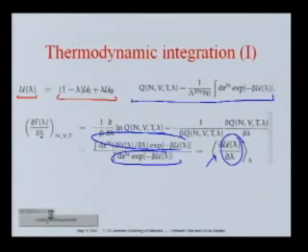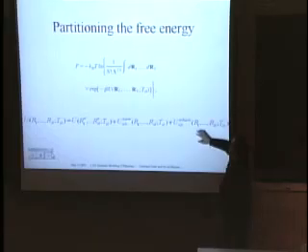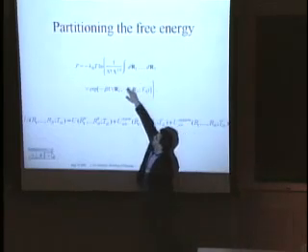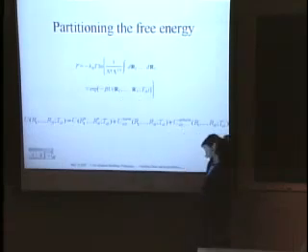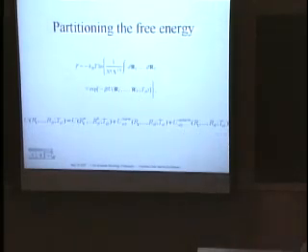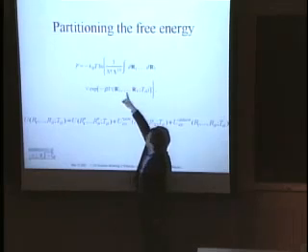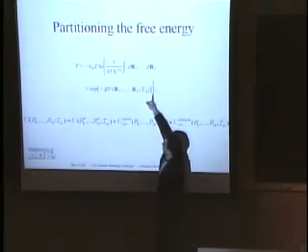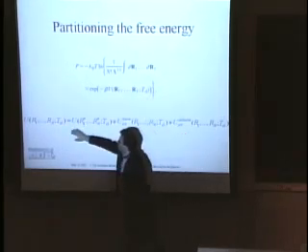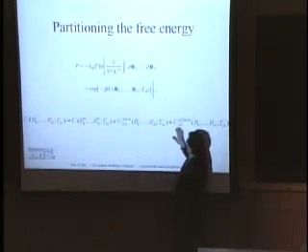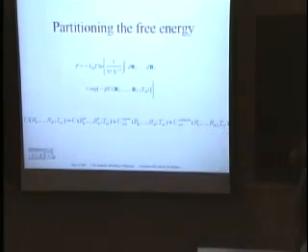So let's look at how this is done in a specific case. Again, I've written here the free energy as the logarithm of the partition function. U will be our internal energy, and this is what you calculate with your quantum mechanical model. For simplicity, I've broken this into 3 parts.